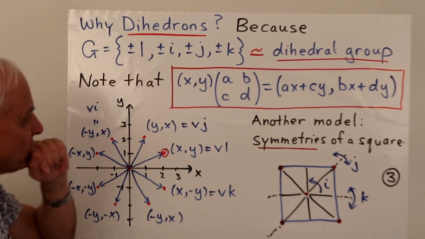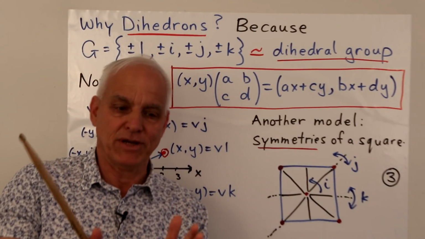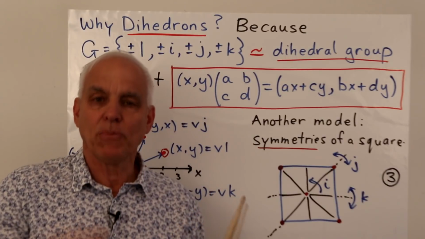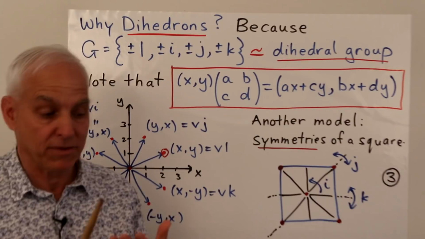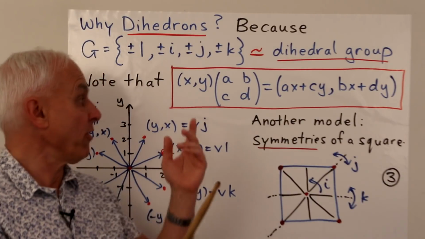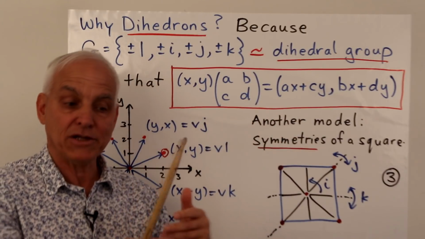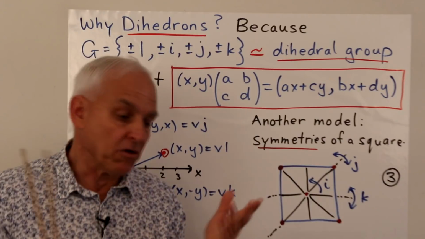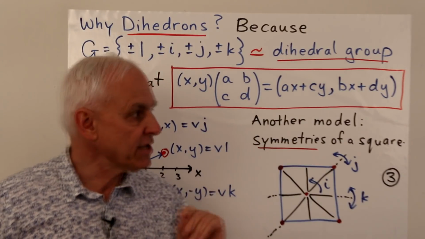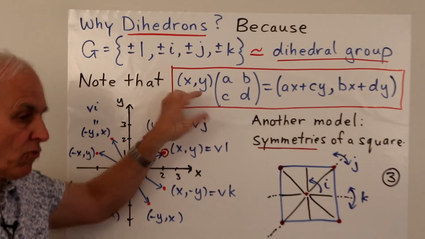Now, I want to remind you that one way of thinking about what a matrix is, is in terms of a linear transformation. And you have a choice whether you want to think about a matrix acting on row vectors by multiplying on the right, or acting on column vectors by multiplying on the left. And it's just a choice of taste. So let's consider just the action of matrices on row vectors.